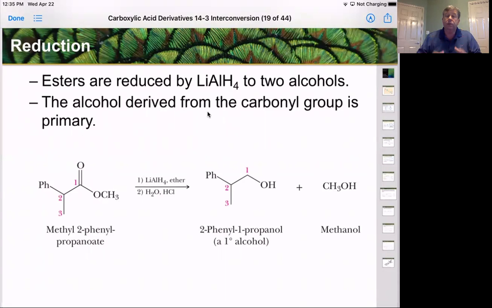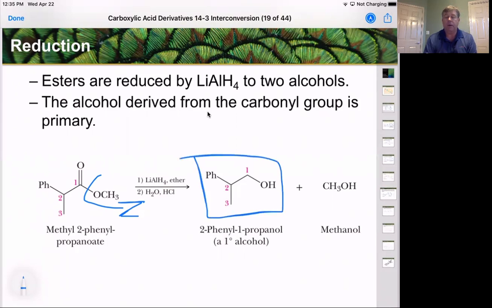And so we're going to add two hydrogens across that carbonyl bond. When we do, it generates a primary alcohol, plus it clips off the ester group here, regenerating the alcohol used to create the ester. So we get the alcohol from the ester, plus we reduce down the carboxylic acid to its own primary alcohol.